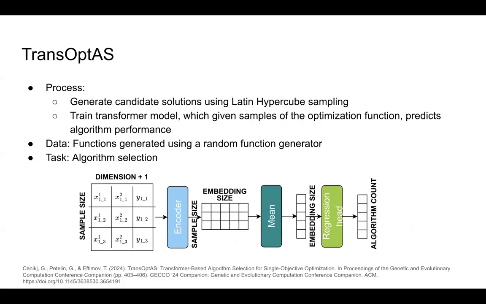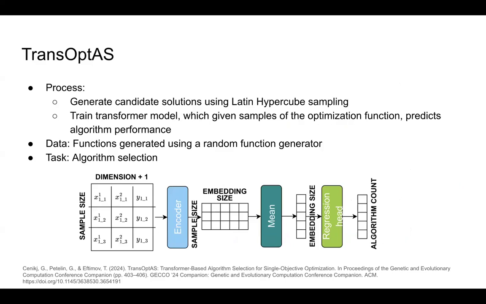And then there are TransOptAs features. In this case, what we have done is we are training a transformer model to do algorithm performance prediction directly. And the way this works is we take the same metrics that you saw before, that is sampled using some Latin hypercube sampling or something.